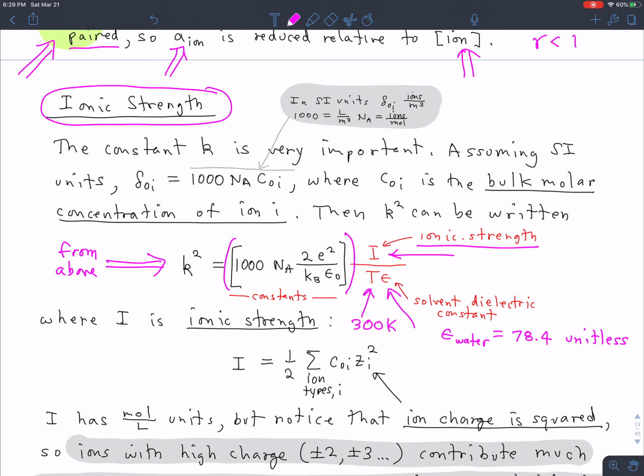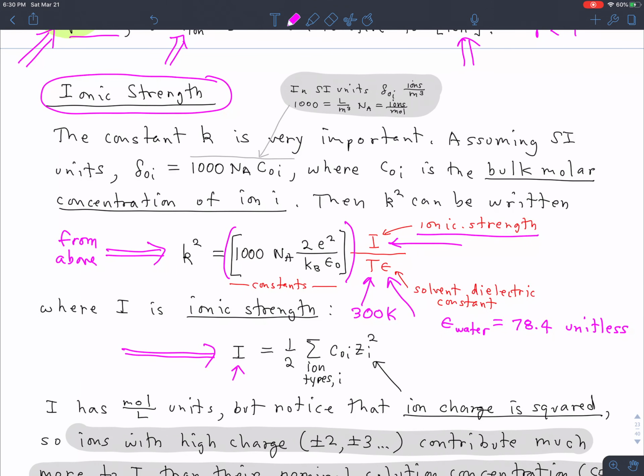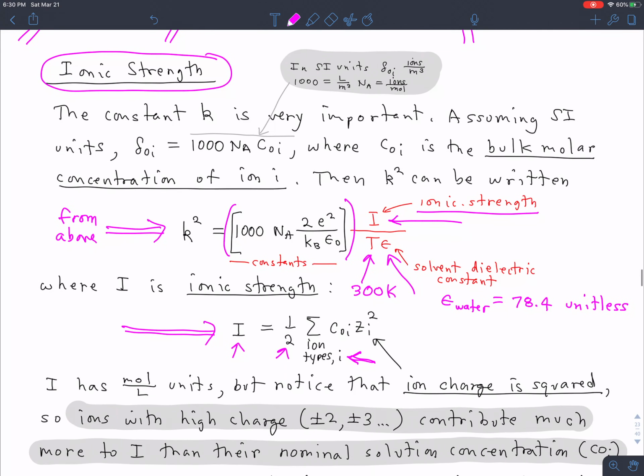What's this ionic strength? That's the next thing we have to define. Here's how it's defined. Ionic strength is 1/2 times a sum over all the types of ions in solution. So if it's sodium chloride, there are 2 types of ions, sodium ions and chloride ions, and this sum would just have 2 terms. If you've got more kinds of ions in solution, then the sum will have more terms. It's a sum over however many different types of ions you have of the bulk concentration of each ion.